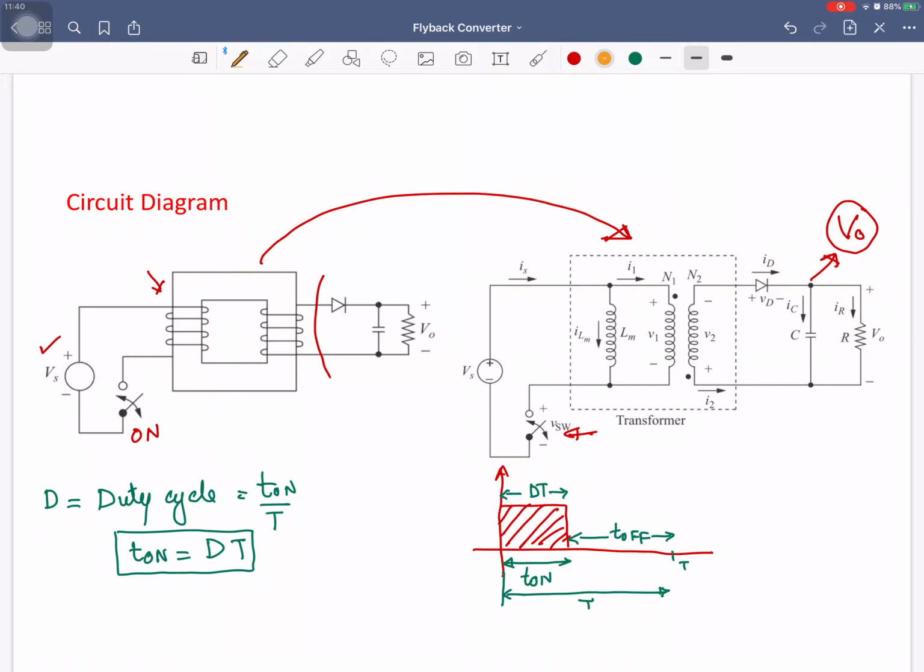And the off time of your switch, that is this one, can be calculated by subtracting the on time. So total time is T, on time is DT. So this is 1 minus D times the total time, and I will call 1 minus D as D prime. So this off time of your switch will be equal to D prime into T. So we will turn on our switch for the interval DT, and we will keep it off for the interval D prime T, that is 1 minus D times T.